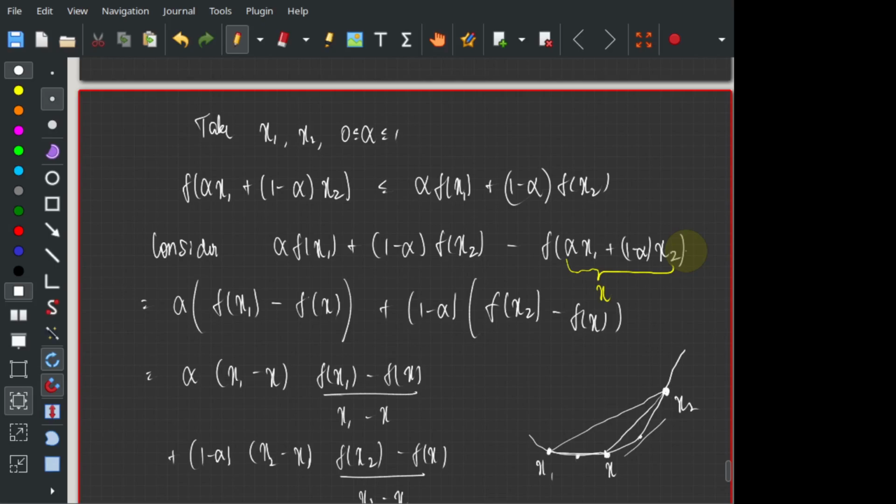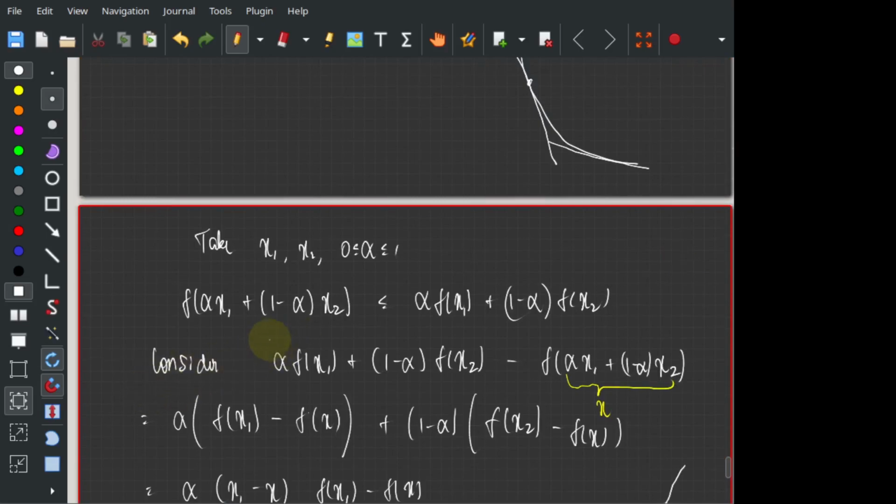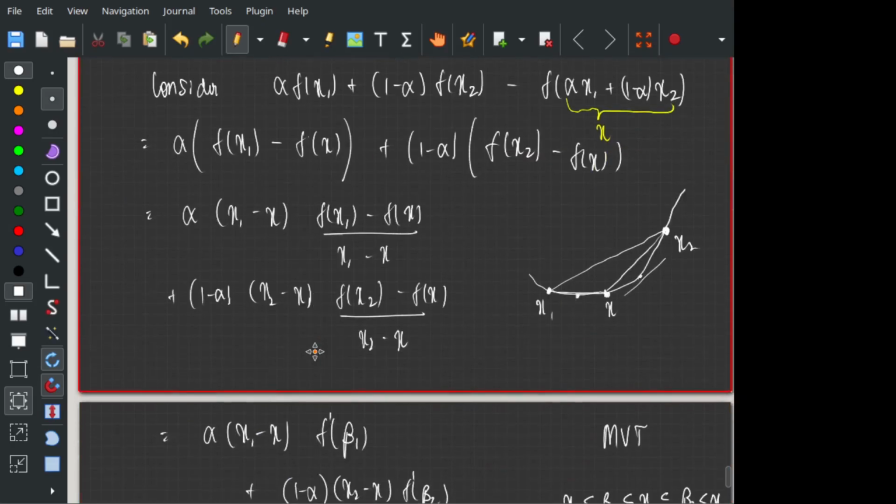All right, just a quick recap. So what did we do? We took the following expression. We knew that the second derivative is greater than or equal to 0, which meant that the slope is always increasing. So we took 3 points, x1, x2, and some point x in between. Essentially, our goal was to show that this straight line is always above this particular curve. So instead of doing this, we split this segment into two different segments, one going from x1 to x, the other going from x to x2.